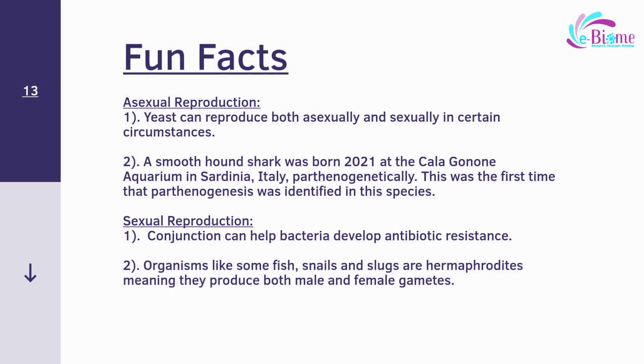While in snails and slugs, they're born with both male and female gametes and produce them throughout their life. This means that they can both provide gametes to a partner and receive gametes. Isn't this cool and interesting?